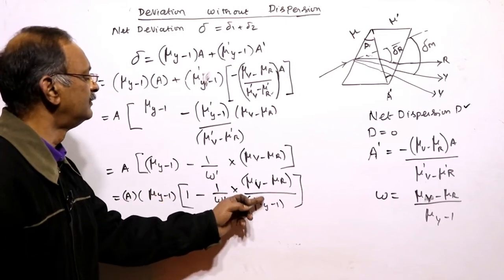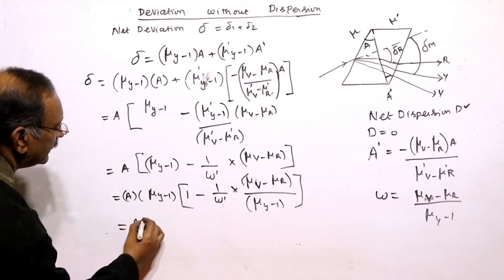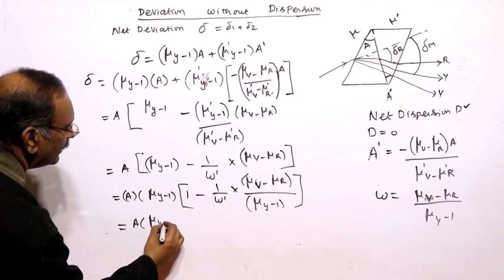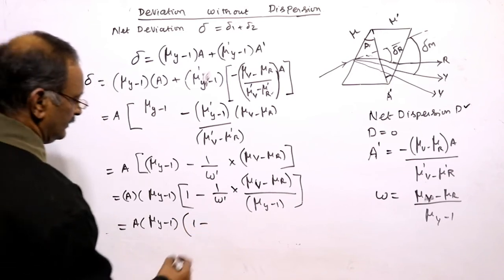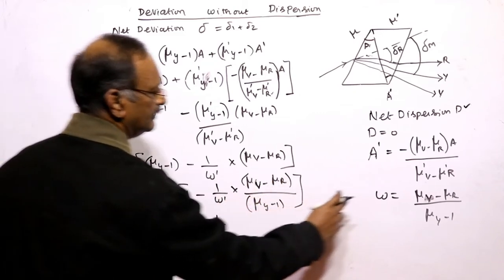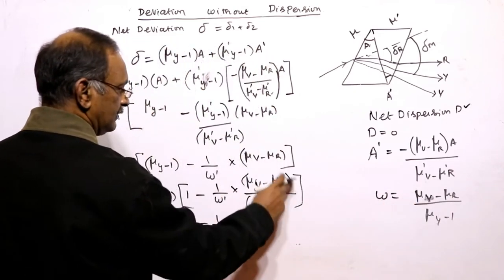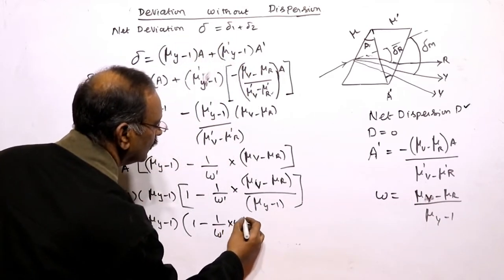When you take it inside this one, this will get cancelled. So this is equal to A into mu of y minus 1 into minus 1 by 1 by omega dash. This represents what? This represents the dispersive power of the first one into omega.